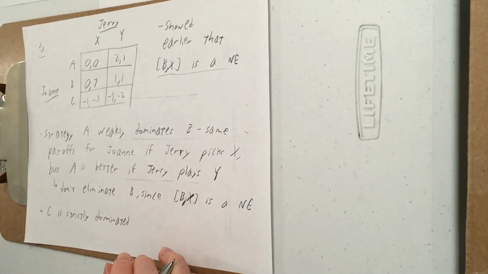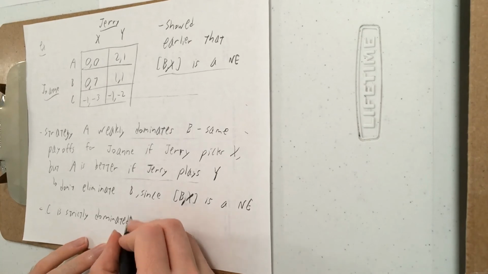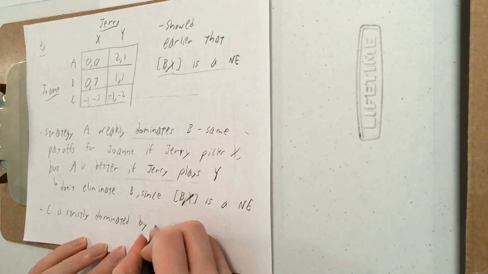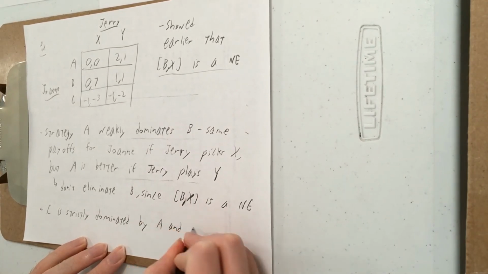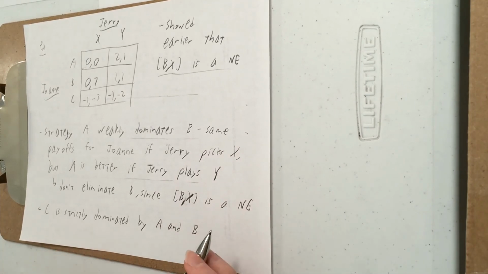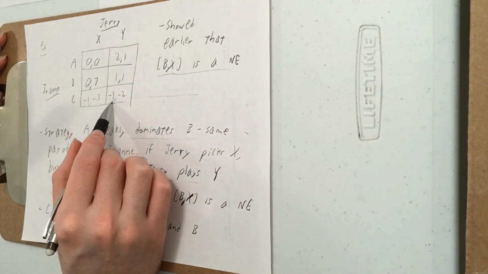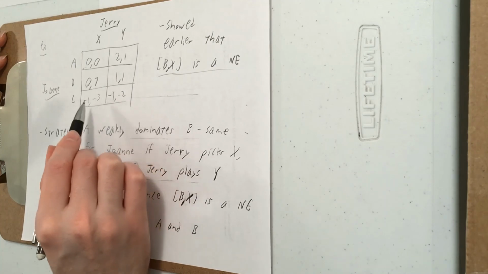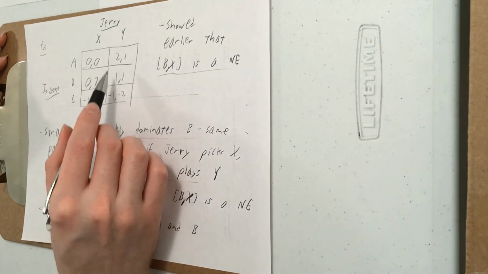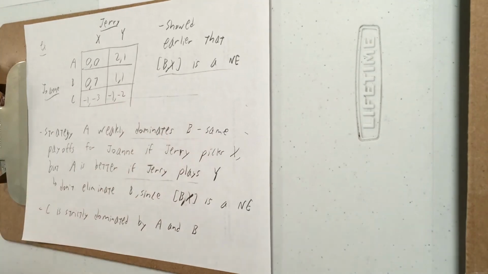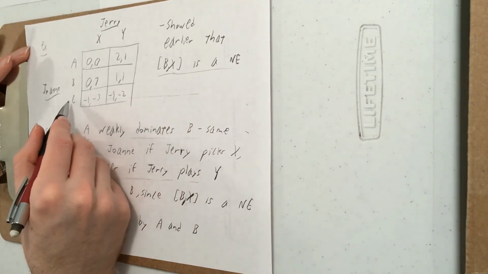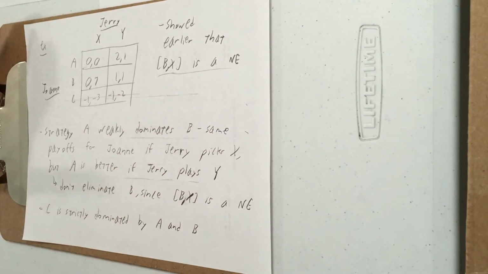It actually turns out that both A and B strictly dominate C. So you can see that quite easily because C always gives Joanne a negative payoff. Joanne's payoffs come first, whereas these ones over here give her a 0 or positive. So I can just cross out C safely. No problems there.